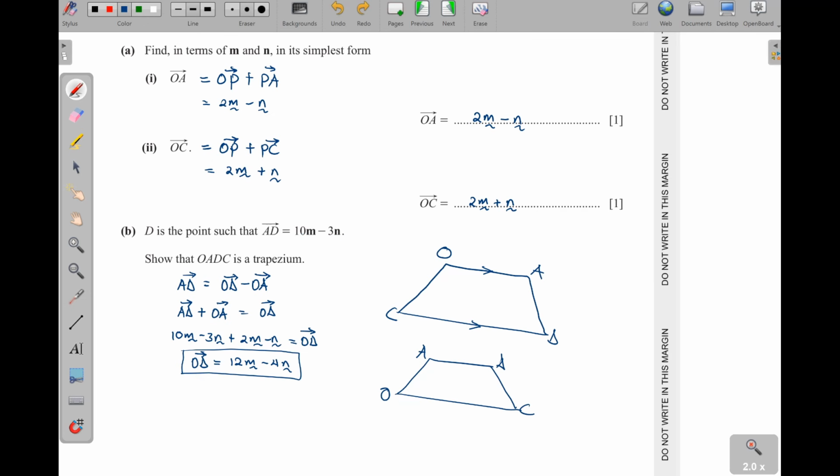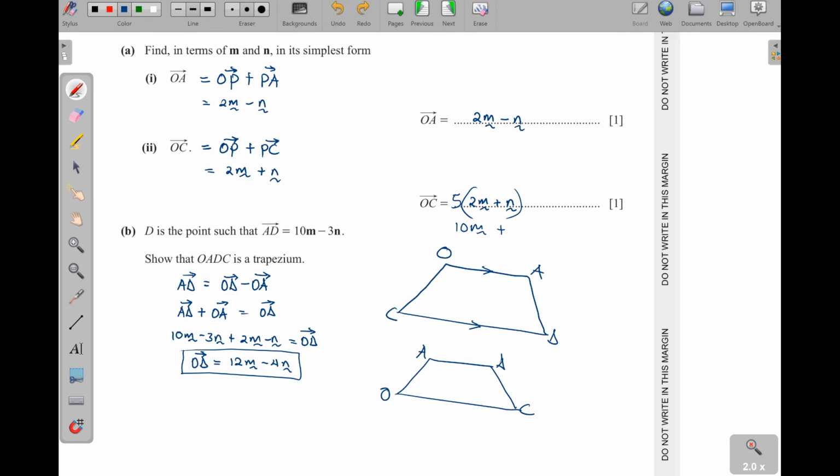Are they parallel? When you look at this one here, 2m, this is 10m. That means we can multiply by 5. So if I multiply this one by 5, I'll get 10m, then plus 5n. But this is minus 3n. That means these two are not parallel.